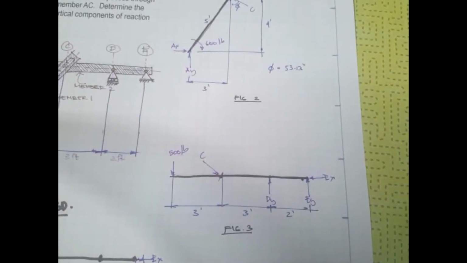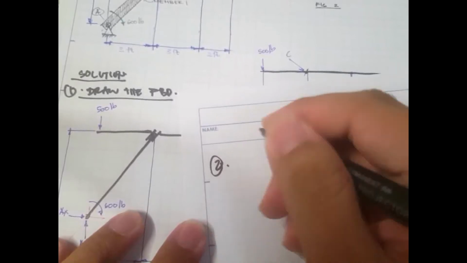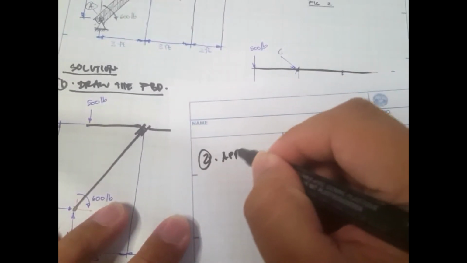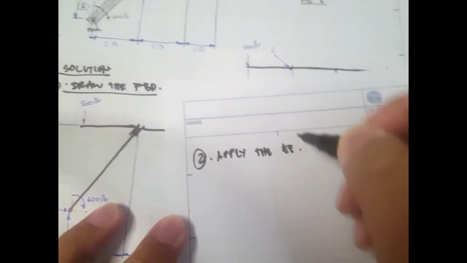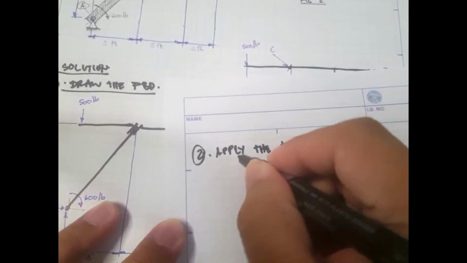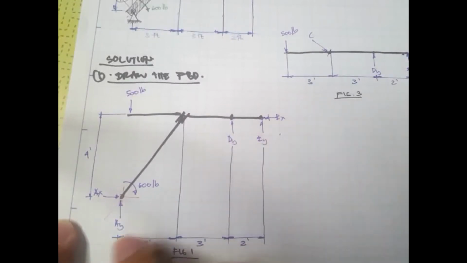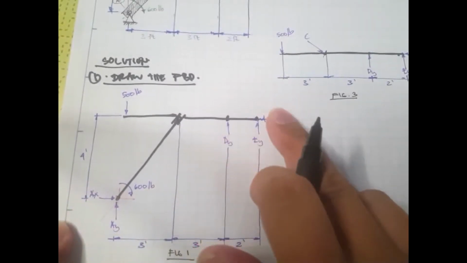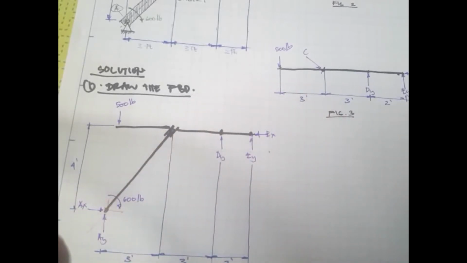Okay, so the second step is to apply the equilibrium equations, in figure 2. Right here we cannot use this much for now, because we have 1, 2, 3, 4, 5 unknowns, and we only have 3 equilibrium equations.